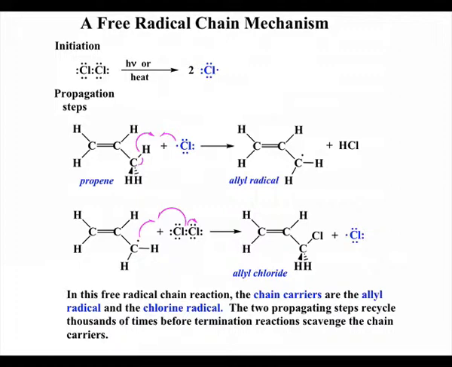And so how many propagation steps can we have? A lot. We can have as many as we need, right? And so in the first propagation step, remember the chlorine radical abstracts a hydrogen atom from the allylic carbon. Why the allylic carbon and not the other carbons, Gabby? That's true. Different hybridization. And what else?